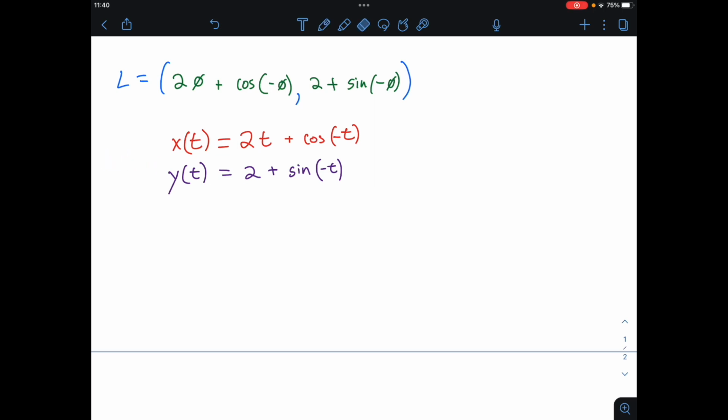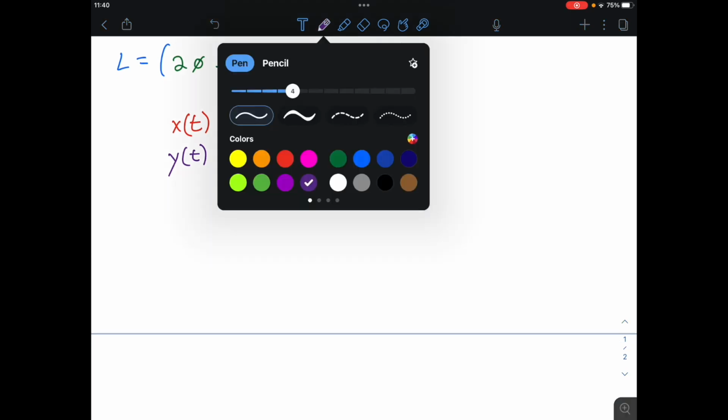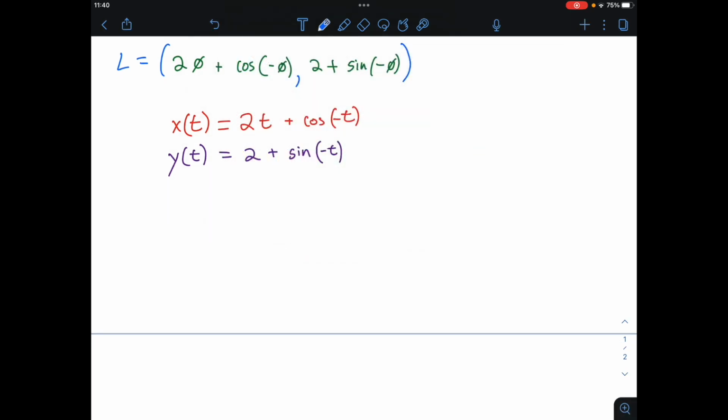So if I want to find the distance covered, it turns out there is a formula for the distance of a parametric curve. If I integrate from a to b, using this distance formula, I take x prime t squared, which kind of looks like Pythag, plus y prime t squared, dt.